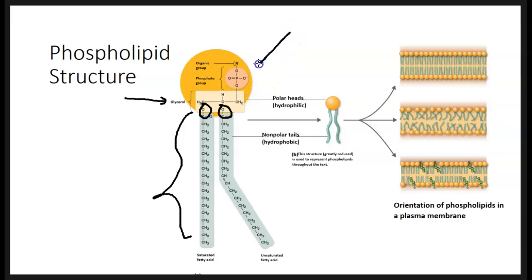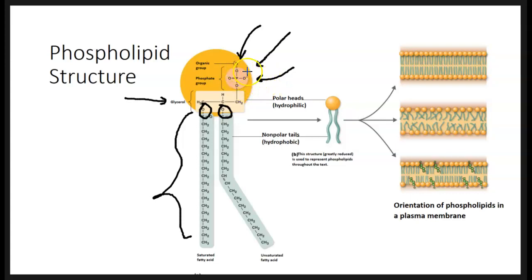And then, rather than a third fatty acid chain, here we have a phosphate group. The phosphate group can have a number of things additionally attached onto it. But the phosphate group in general, it contains one of these 6 important biological atoms, phosphorus.